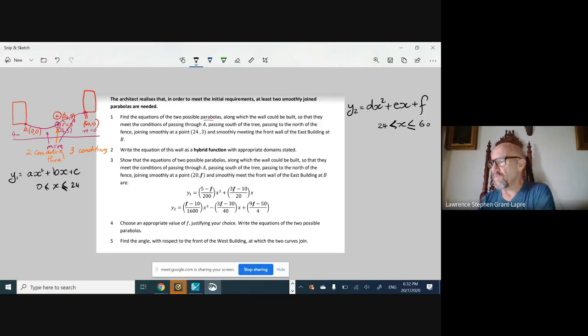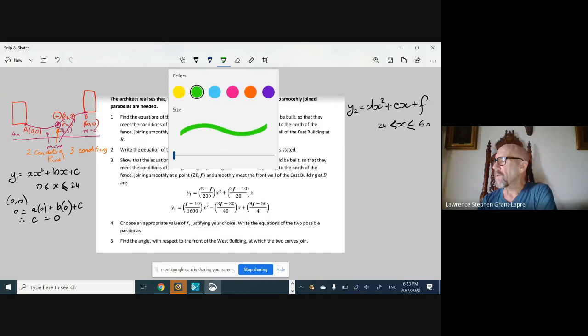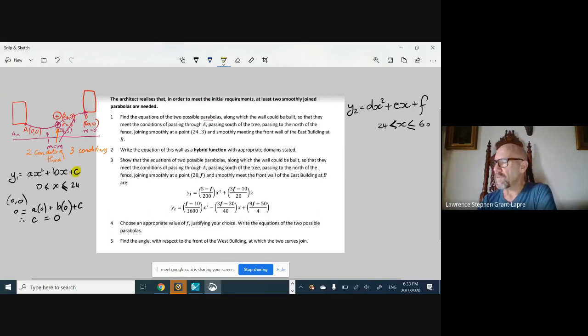I'll choose the first one. Okay, first condition. It passes through 0, 0. So we would get 0 equals a times 0 squared plus b times 0 plus c. Therefore, c equals 0. Okay, we already know that c equals 0, so we know what that variable is already.